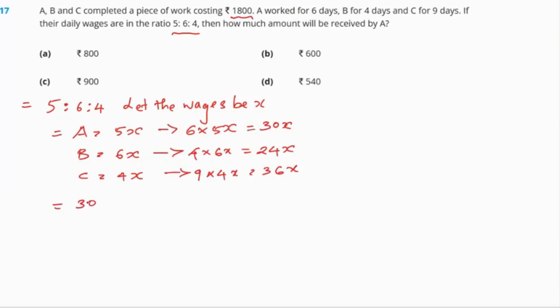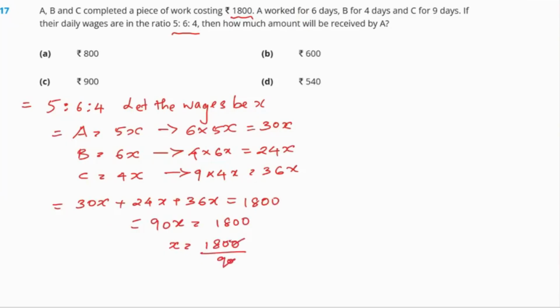And the total amount given is rupees 1,800. So we can write it as 30x plus 24x plus 36x is equal to the total amount of rupees 1,800. So 30 plus 24 plus 36, we are getting 90x. 90x is equal to 1,800. So the value of x will be 1,800 divided by 90, which is equal to 20.